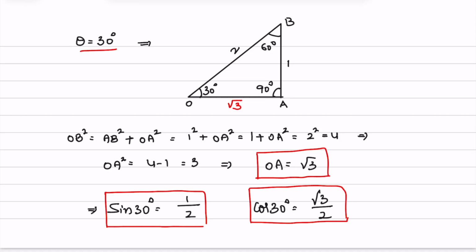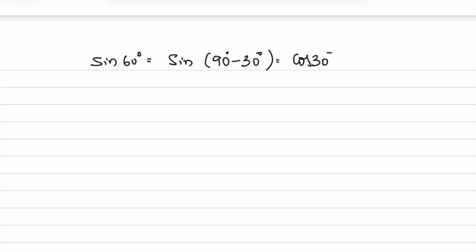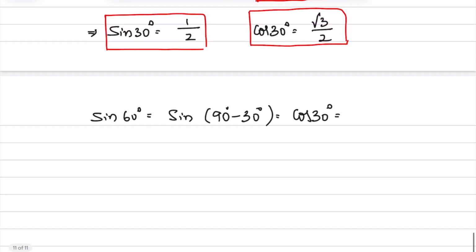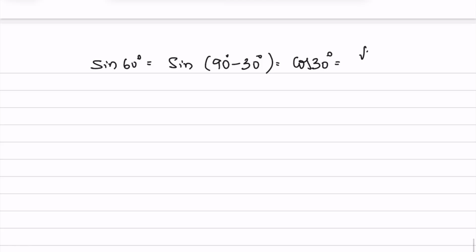Now, what is sin 60? Sin 60 is equal to sin of 90 minus 30. Do you agree? What is sin 90 minus theta? It is cos theta. That is cos 30. What is the value of cos 30? Root 3 by 2. Are you able to follow?